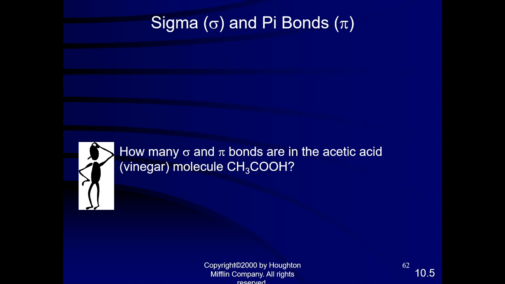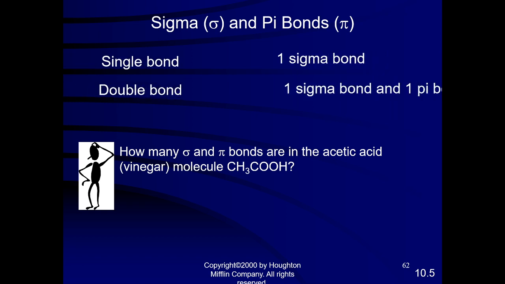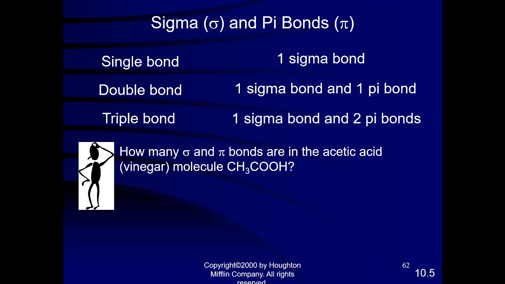How many sigma bonds and pi bonds are in acetic acid? Okay, the structure of acetic acid is given like this. So in acetic acid, let's see, there's 1, 2, 3, 4, 5, 6. So there are 6 single bonds.